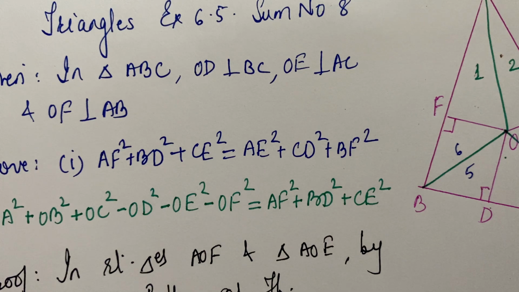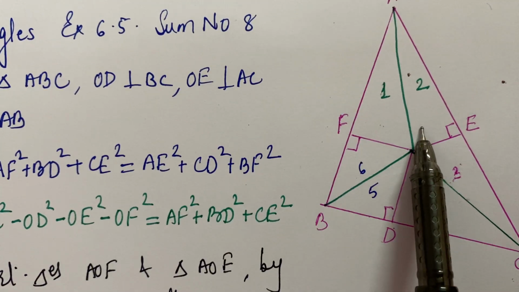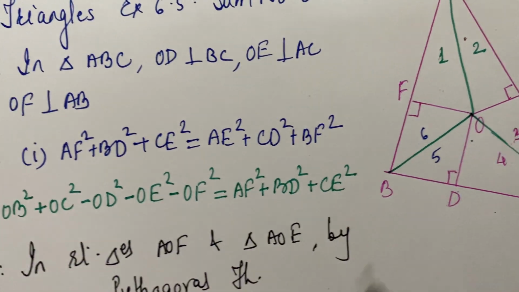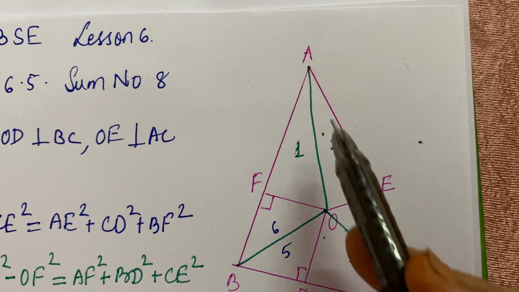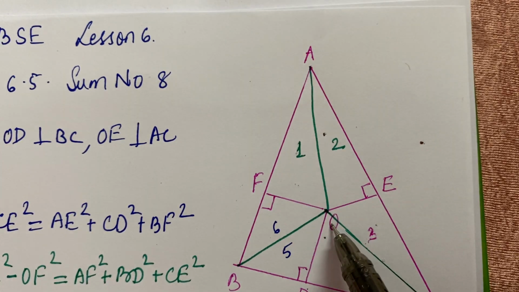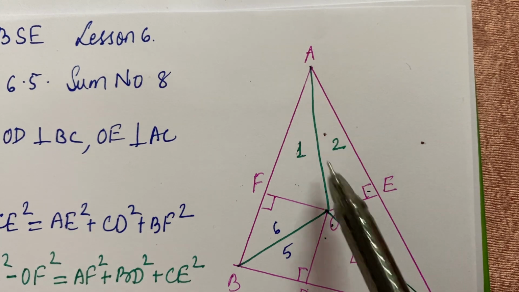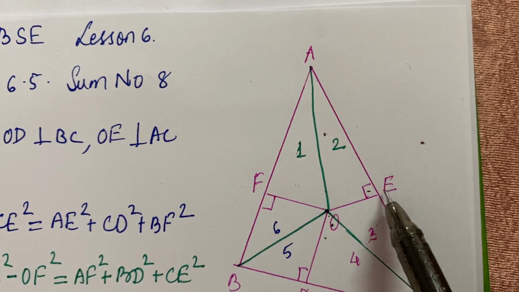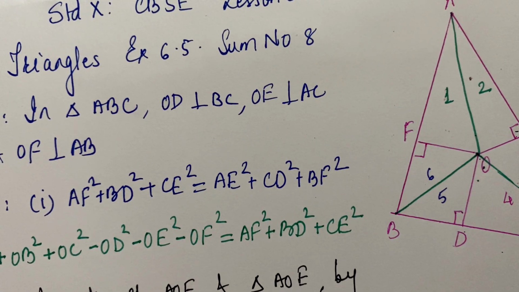This is your 1. And if you apply Pythagoras theorem again for triangle 2, you will get AO square is equal to, this is the hypotenuse, the side opposite to the right angle, AE square plus OE square.